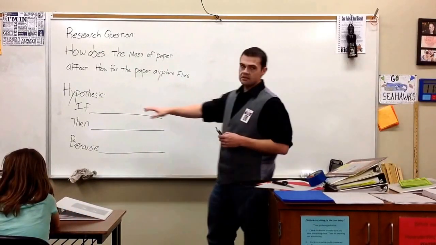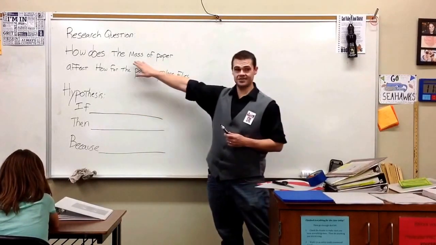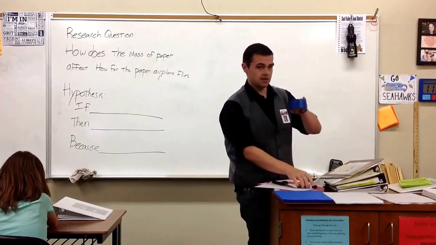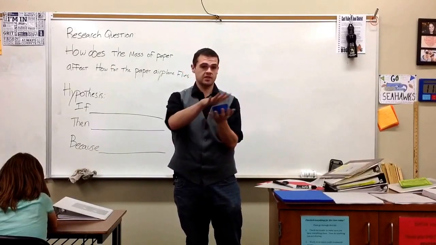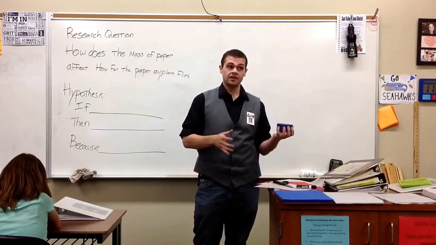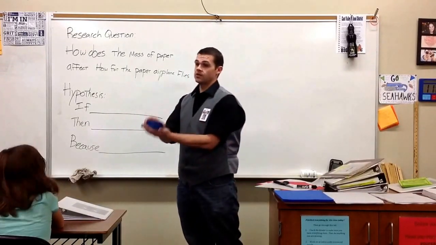Do we have to do if the airplane weighs less, or can we do it if it's not weight? It's mass. The difference between mass and weight: this roll of tape has the same amount of mass whether it's on the moon or the earth. There's the same amount of stuff in this roll of tape, no matter where it is. But it's going to weigh differently on Earth than on the moon.